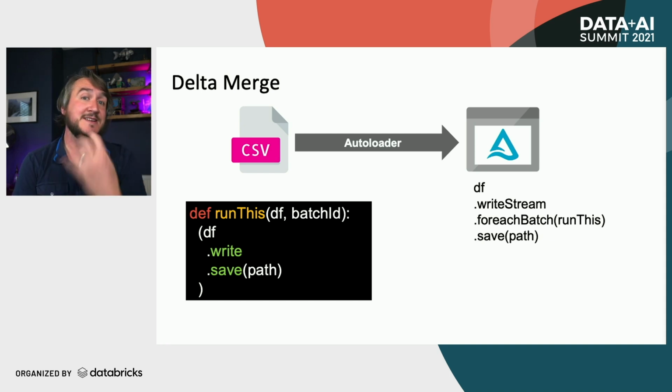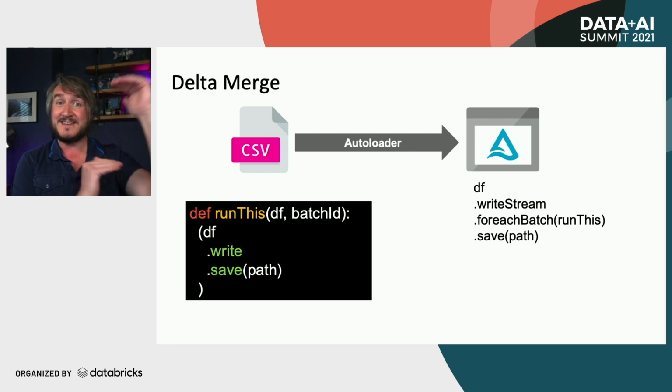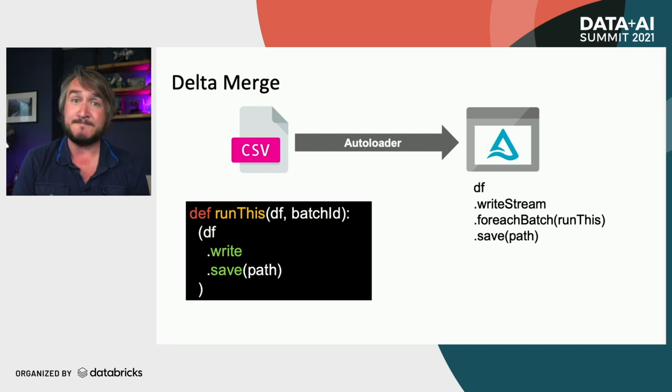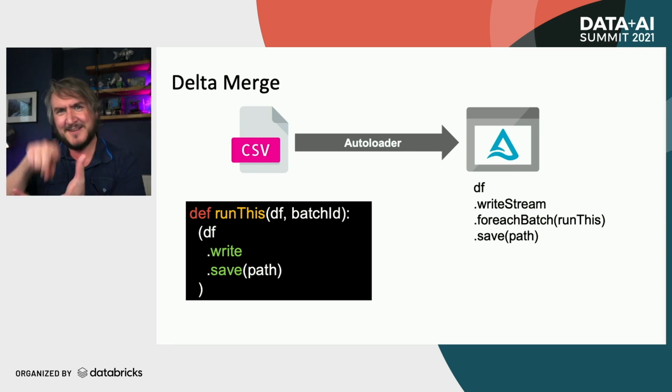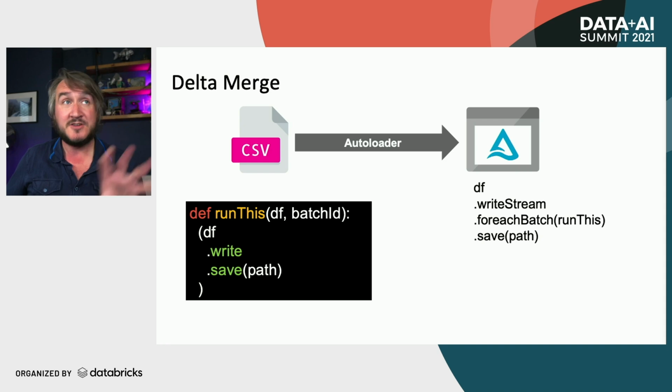So anything you do inside a normal batch process, writing to multiple different outputs, writing to things that aren't an existing streaming sink, doing a Delta table merge, you can include inside that function. By building up that function and passing it to foreachBatch, suddenly you unlock being able to do all the things you can do in a normal batch process. It's just you're having to wrap it in a function. So we use that quite a lot.